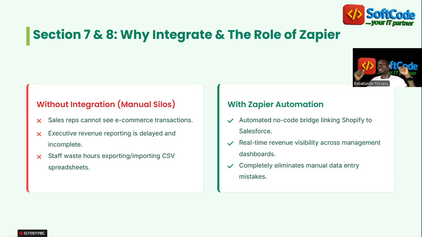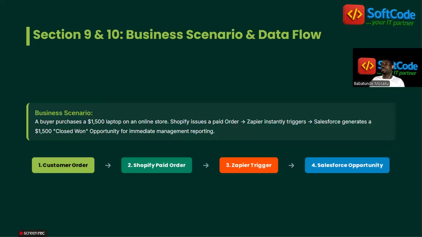The sales guys will see the same thing that the finance guys are seeing, and the product guys will see the same thing that the sales people are seeing. Everything is synchronized and talking as one system, even though they are different tools and different systems altogether. It also completely eliminates manual data entry mistakes. Business scenario: a buyer purchased a $1,500 laptop on an online store.